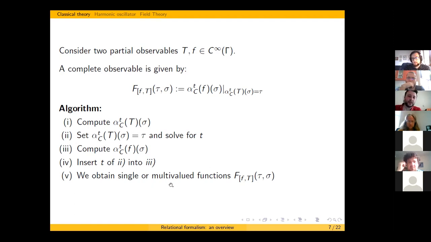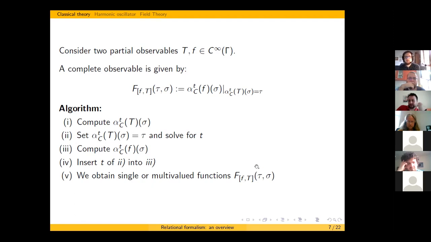Well, I said that we can get basically one or more functions, but they express the same partial observable. So of course we won't end up with two different functions. It's just the same function, but it can be multivalued.